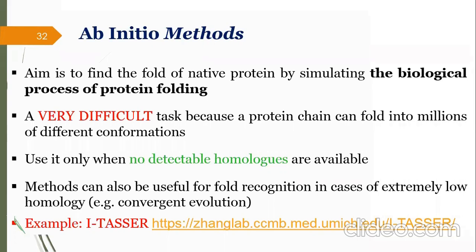So when I need to model my own protein, it doesn't have any homology with other structures. So this method is available, and that is based on the biological functions. So the biological functions are first determined, then the protein folding is determined according to those biological functions, and then the protein structure is determined.